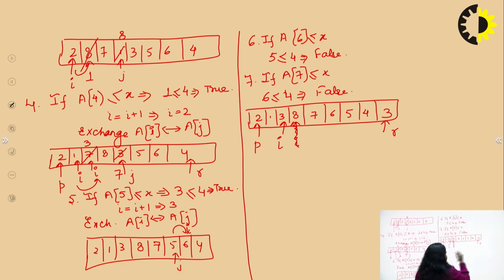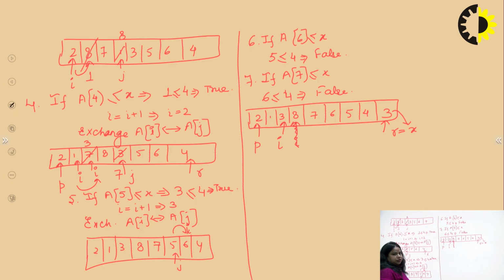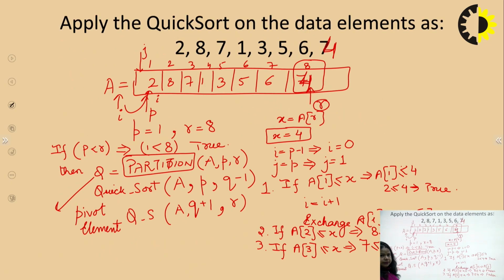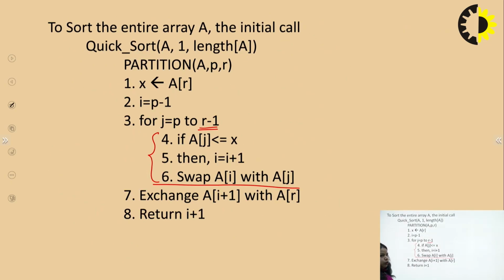Then this is also equal to the value of X, right? So in the final step, you can check in the algorithm what we did. After completion of the loop, we have to exchange A I plus 1 with A R. Fine.